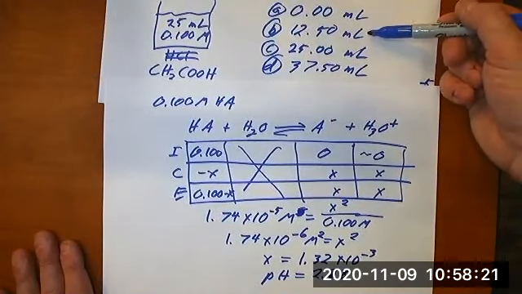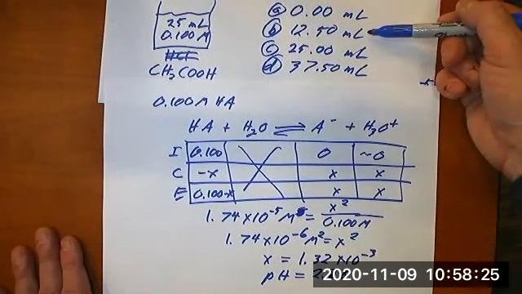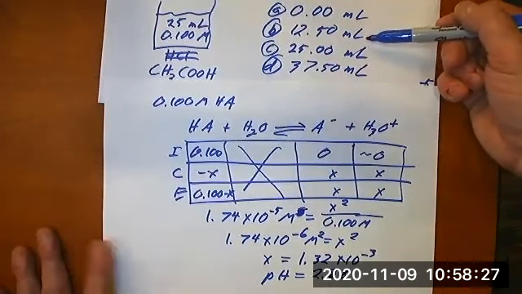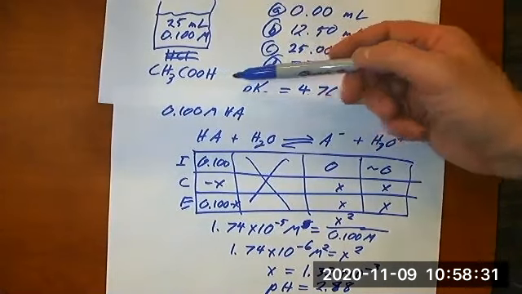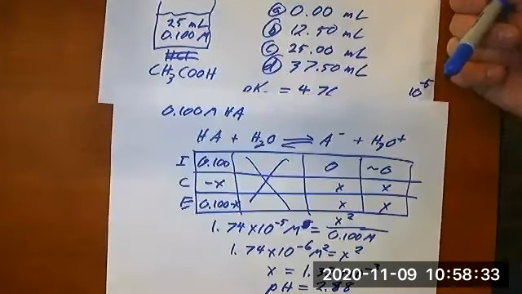Our second data point that we're going to look at, B, is going to be where we have added half as much sodium hydroxide as acetic acid that we had.